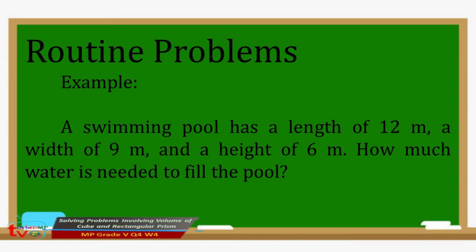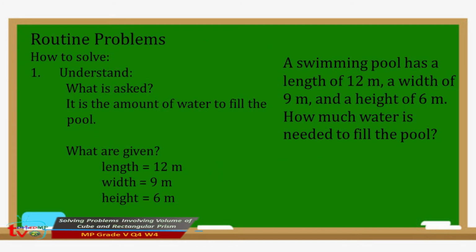So let us apply the steps in solving word problems that we have discussed earlier. First, we need to understand the problem. In understanding the problem, we have to know what is asked. What do you think is asked in this problem? It is the amount of water to fill the pool.